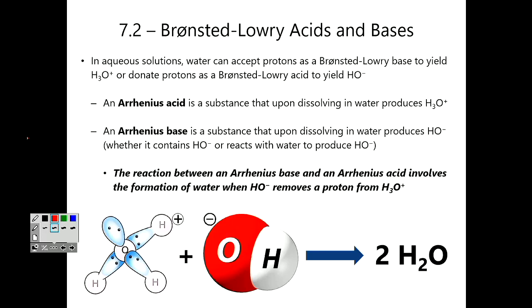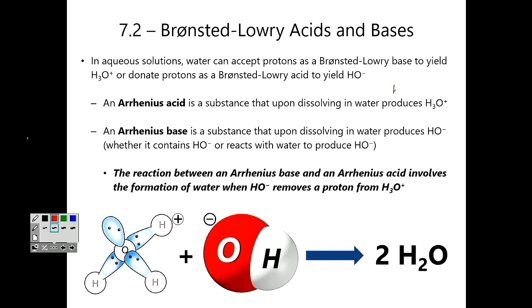If the substance upon reacting or dissolving in water increases the concentration of hydronium, that's an Arrhenius acid. Conversely, if the substance upon dissolving releases hydroxide, that is known as an Arrhenius base.